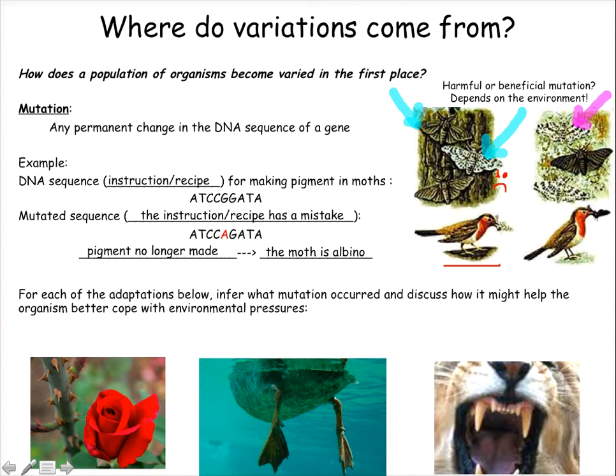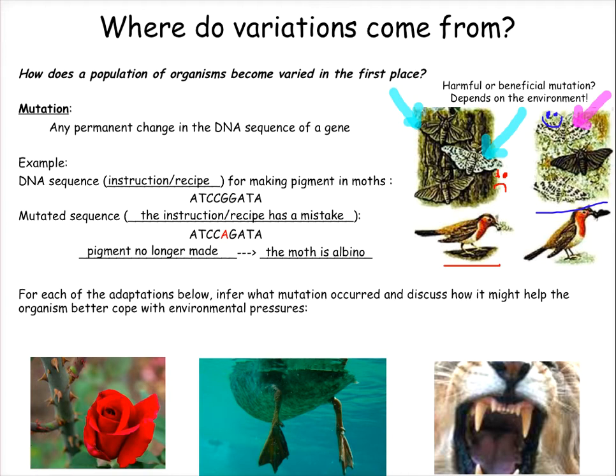In this new environment, the albino variation can help the moth camouflage into its environment, and therefore, this moth in this particular environment is now more likely to survive. There's my happy face. To survive and thrive and pass on its albino gene to the offspring, who will also be more likely to survive and pass on the gene until after many generations, this entire moth population has the albino adaptation.